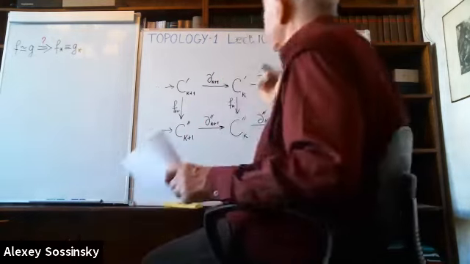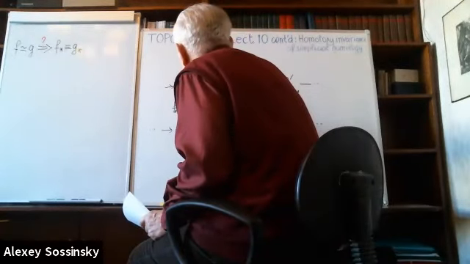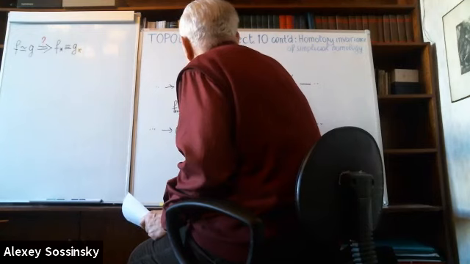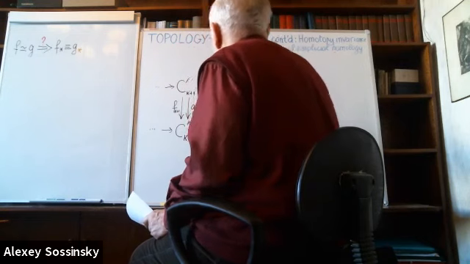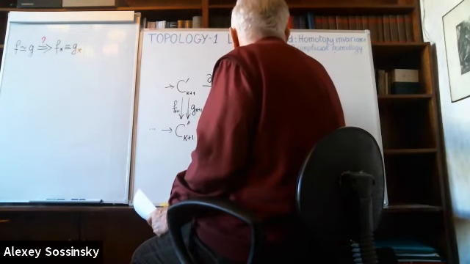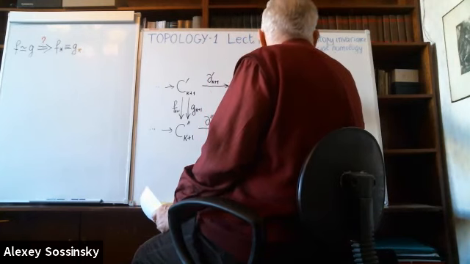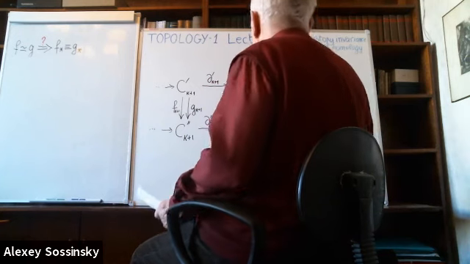Now suppose we have another morphism, G k plus one, Gk, G k minus one.